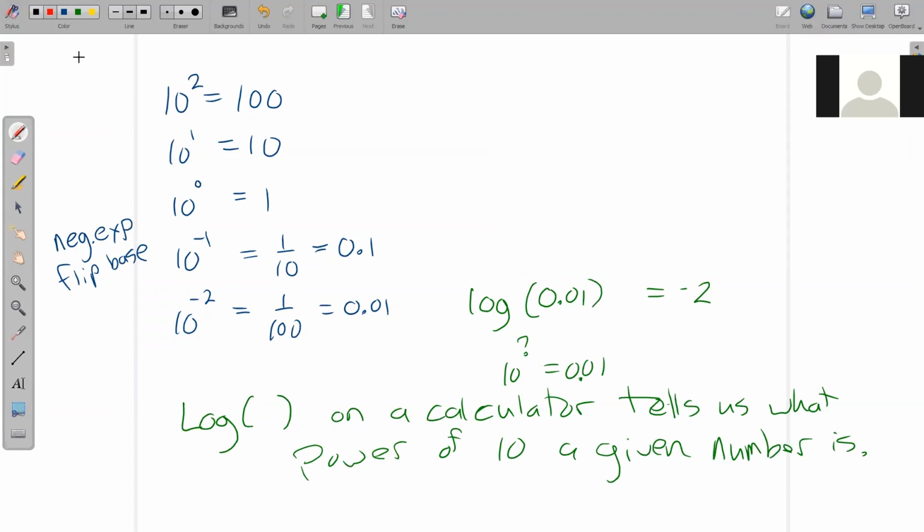And that given number is whatever we plug into the parentheses here. So it finds powers for us, and sometimes we need to know powers.